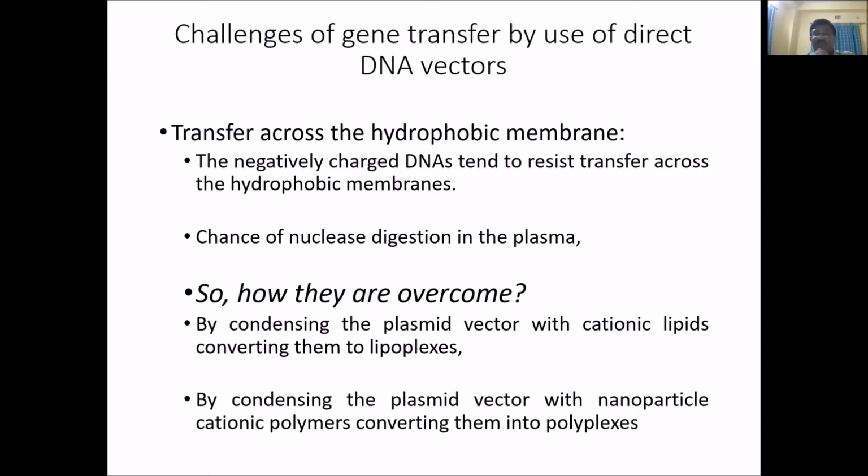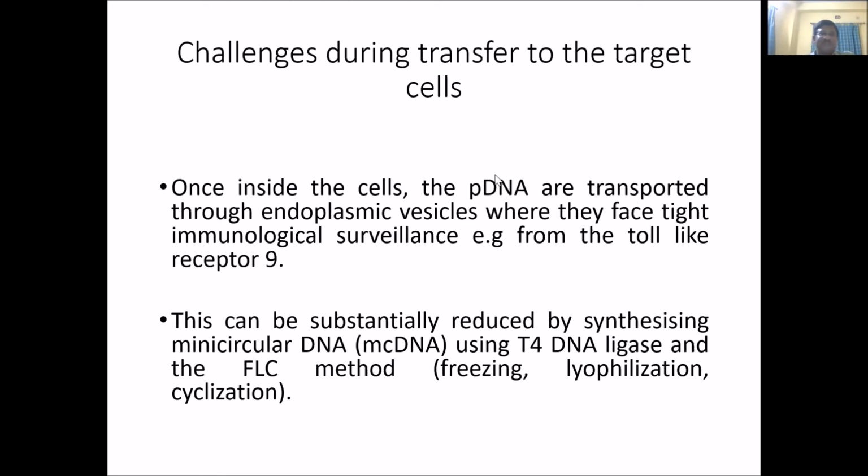The second is to convert them into nanoparticle-mediated carriers covered by cationic polymers. So this nanoparticle-mediated transfer and liposome or lipoplex-mediated transfer can very easily carry the artificial gene across the biomembrane.